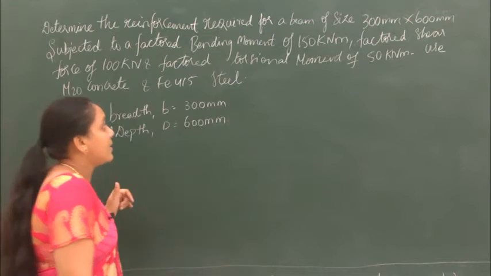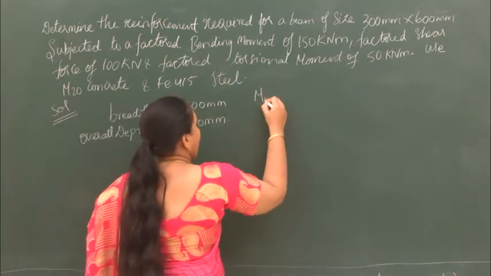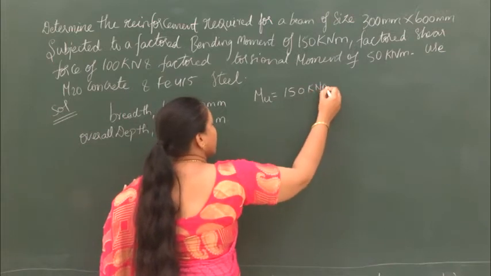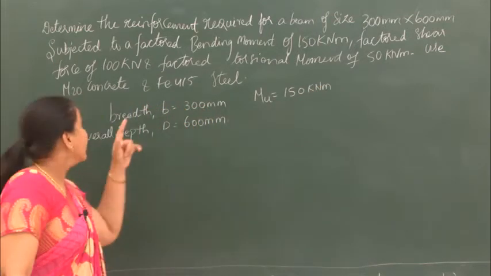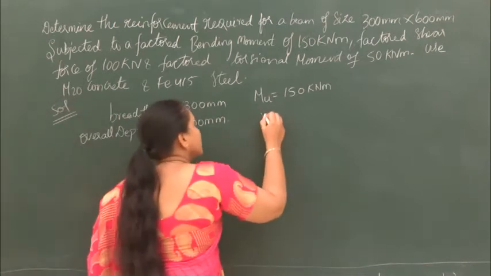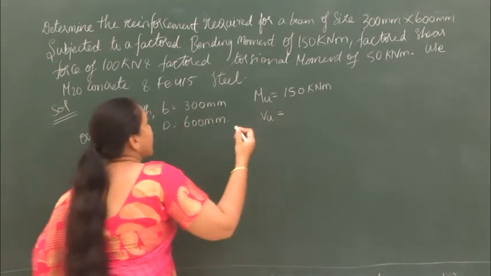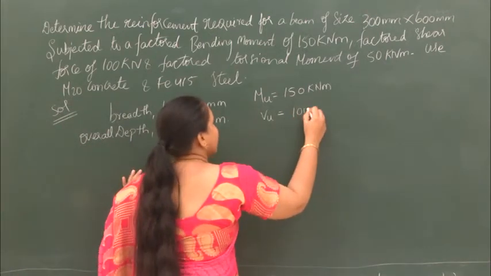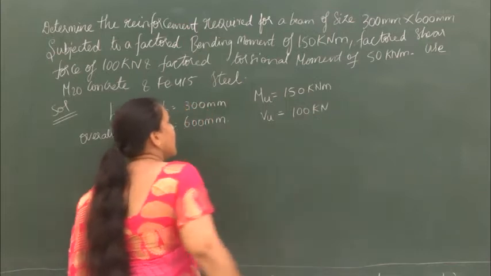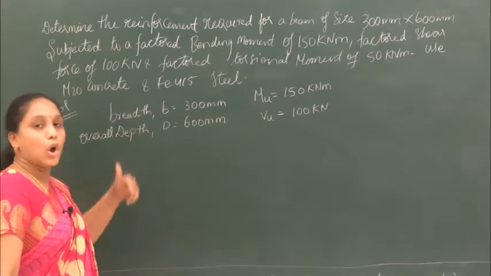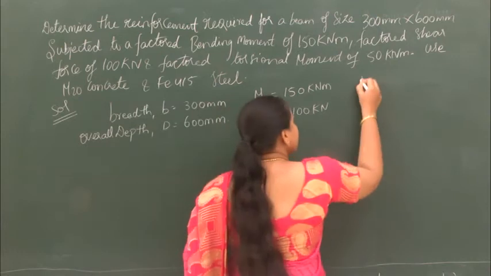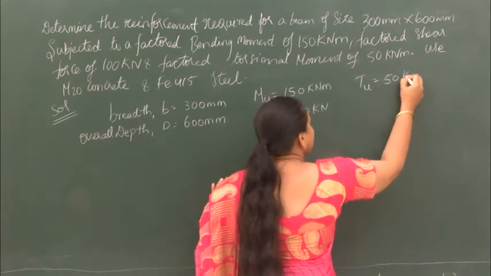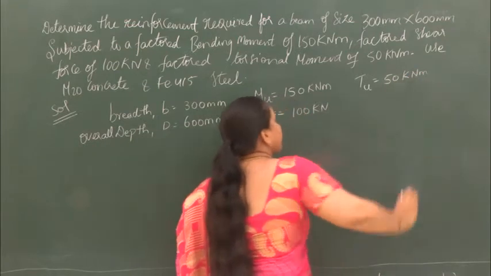The factored bending moment Mu is 150 kilonewton meter. The factored shear force Vu is 100 kilonewtons. And the torsional moment Tu is 50 kilonewton meter.